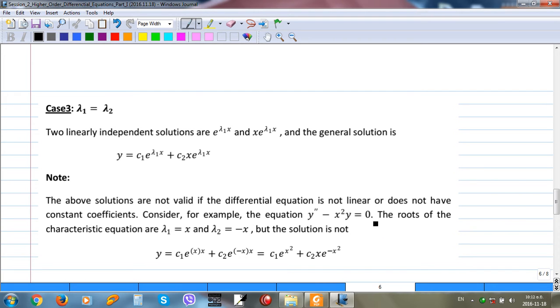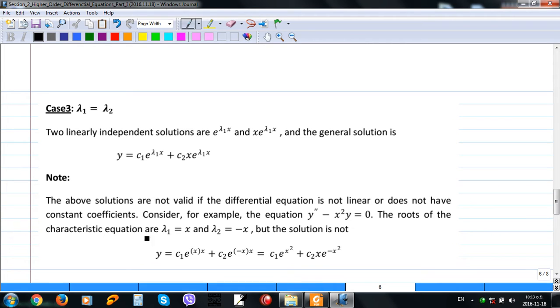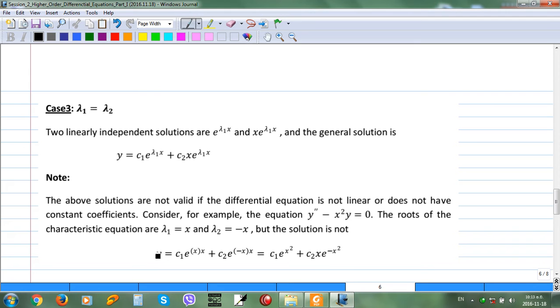The roots of the characteristic equation are lambda 1 equals x and lambda 2 equals minus x, but you can't write the solutions in this way. Before writing this way, you have to consider whether it is a linear equation or not. If it is not, you can't use this way to write the answers, right?